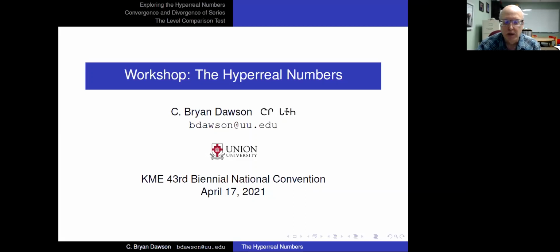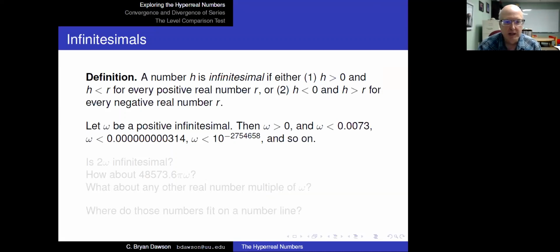I'm making the assumption that most, or at least a good number of the individuals in this workshop have little to no experience with the hyperreal numbers. So we'll start from the very beginning, and we'll look at a definition of an infinitesimal.